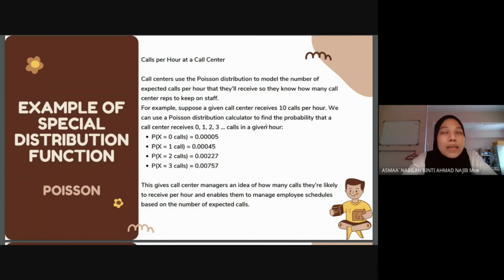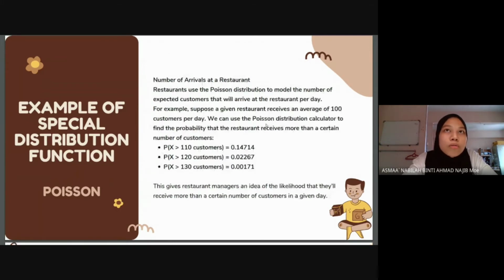And lastly, if it is equal to 3 calls, we get 0.00757. This gives call center managers an idea of how many calls they are likely to receive per hour and enables them to manage employee schedules based on the number of expected calls.